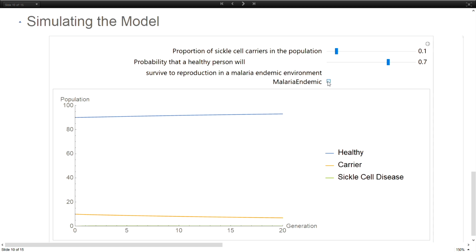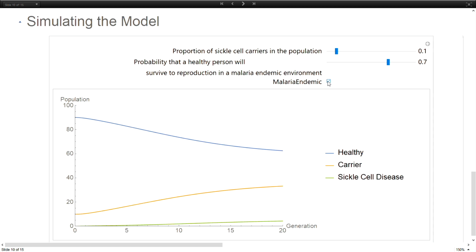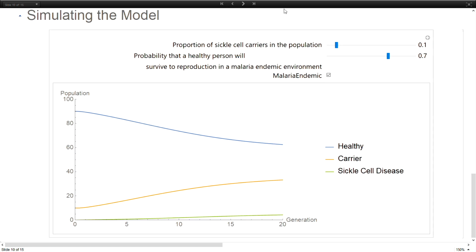I think if I press the right button, then we'll see that the number of carriers goes up because it infers a protection against malaria. So these are the intuitions that we can make the students get by playing along with this themselves, and we don't have to say beforehand that this is what they are supposed to understand. They will get that intuition by exploring these models.